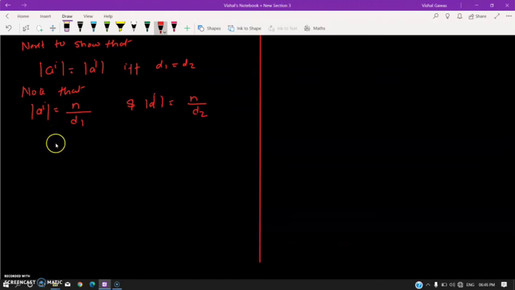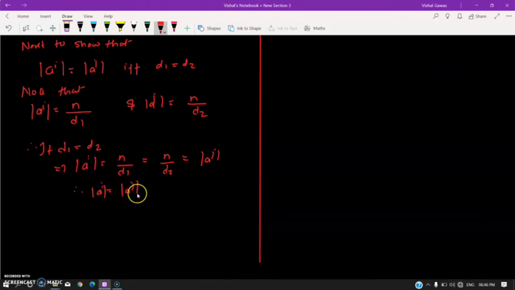So if d1 is equal to d2, then the order of a raised to i would be n over d1, which is the same as n over d2, which is the same as the order of a raised to j. Therefore, the order of a raised to i becomes equal to the order of a raised to j.